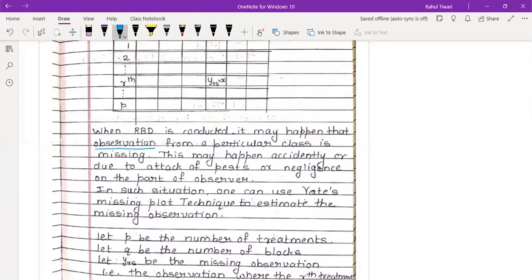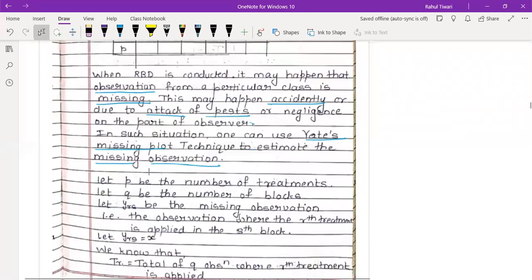If this observation is missing, then how do we compute it? Maybe it is accidental, or maybe because of a pest attack or negligence of the observer. In this situation, one can use the AIDS missing plot technique to estimate the missing observation.